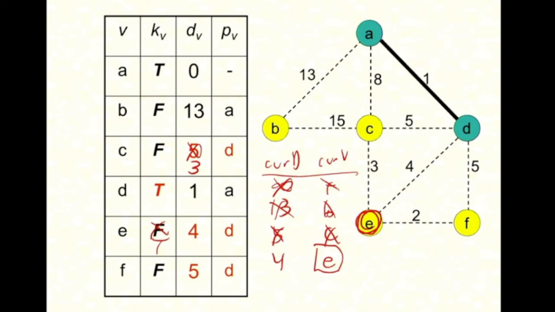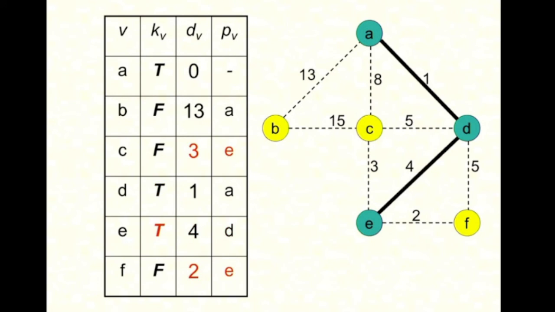So distance of 3 if we use E to get there. D is true, can't update it. E is true, can't update it. F is false at a distance of 5. E to F is 2, that's better than the 5 in the table. So we'll update that to 2 and the predecessor to E, the same as the current vertex. All right, step 3 is done.